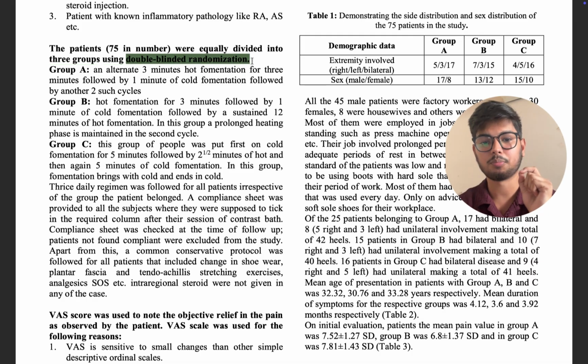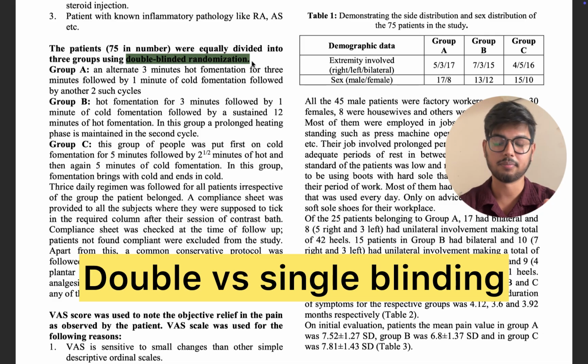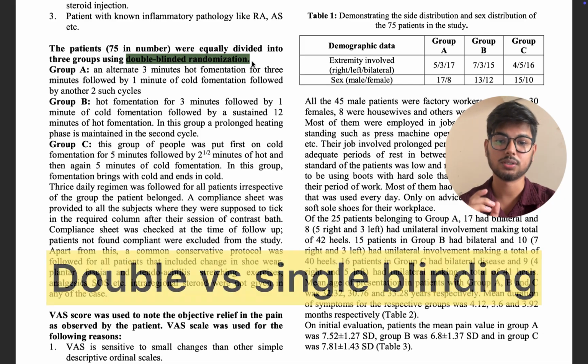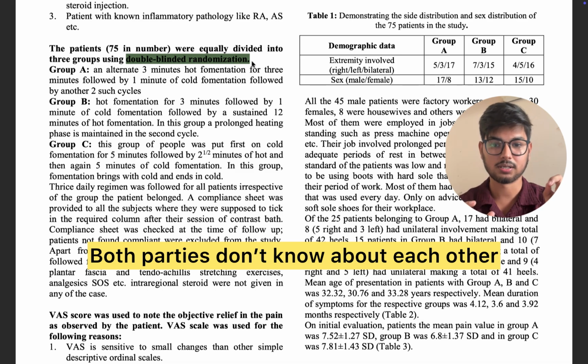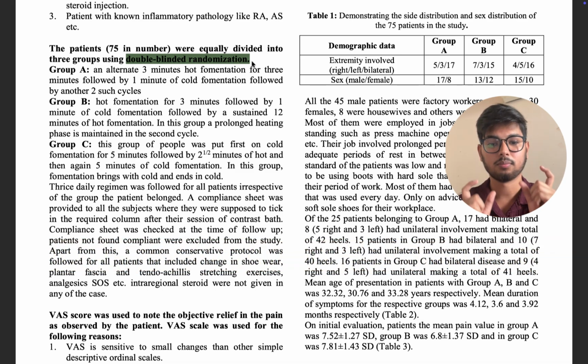This is a very important point for any research. Now, what do double blinded and single blinded mean? Double blinded means both your patient and the assessor who is assessing the results and doing the data analysis did not know in which group which patient was assigned. So this reduces the bias in the research.